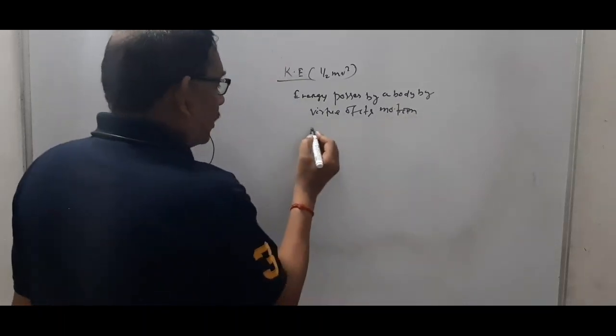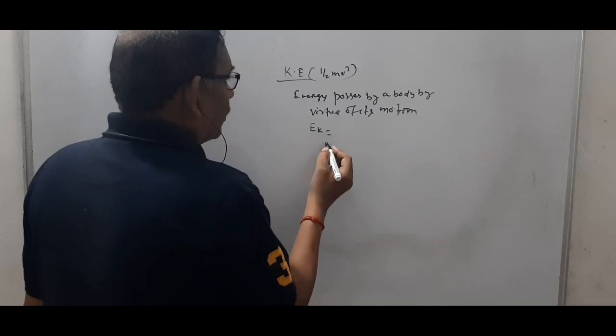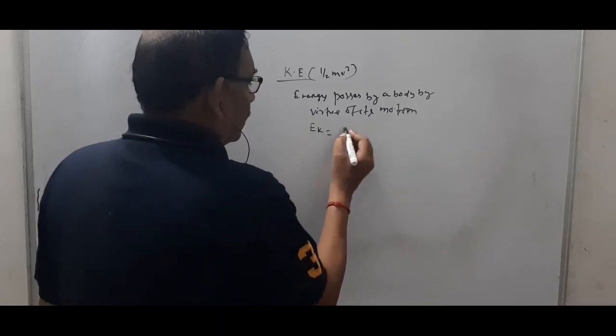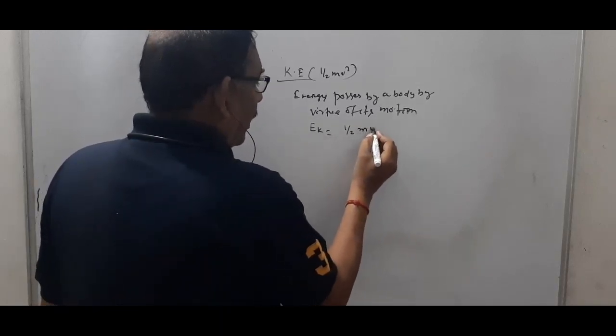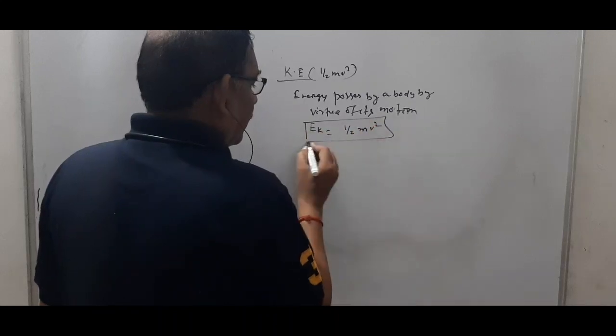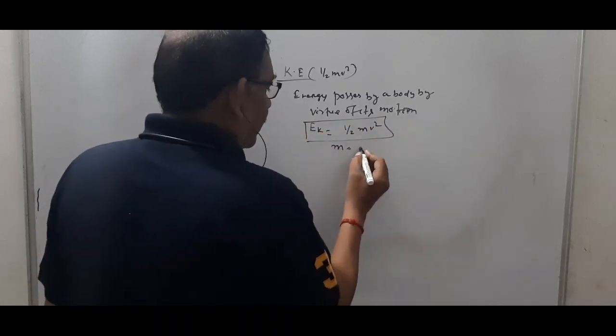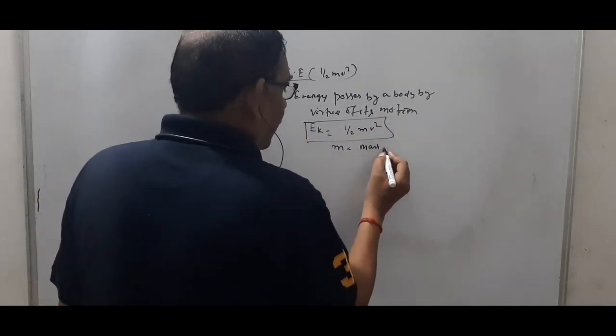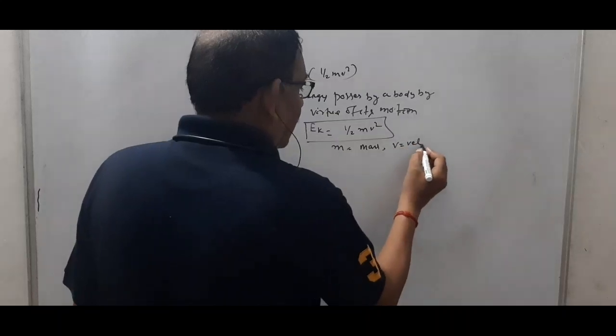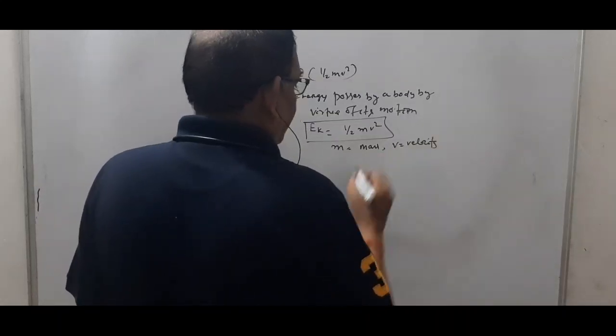Okay. So kinetic energy EK is equal to half mv square, where m is mass and v is velocity. Clear?